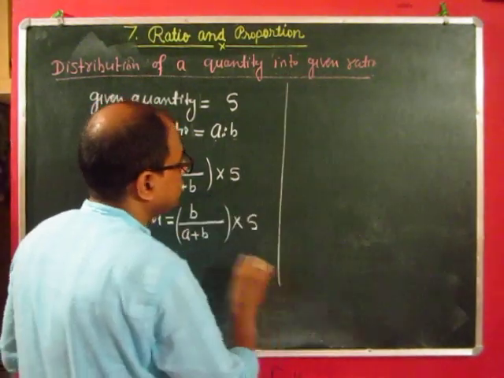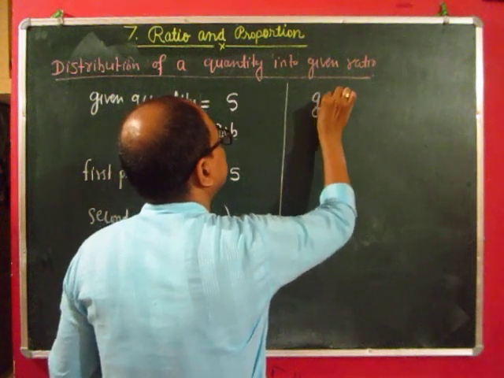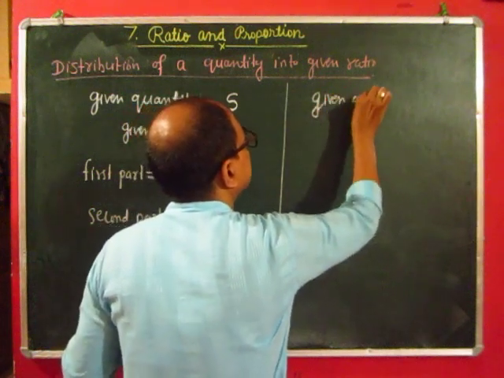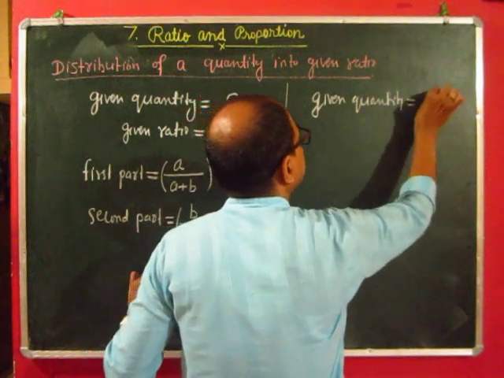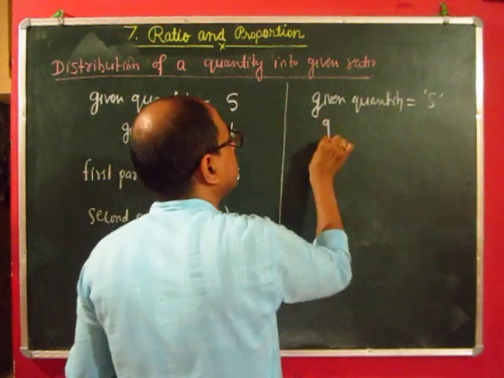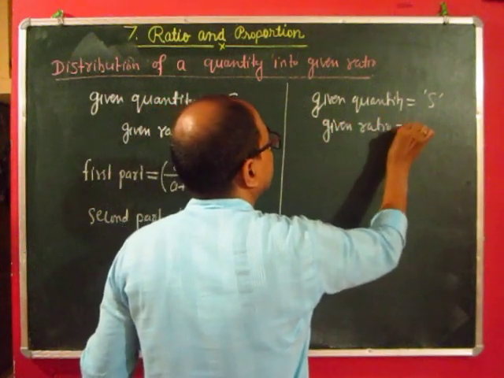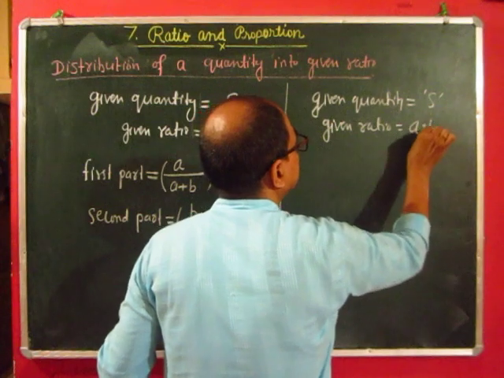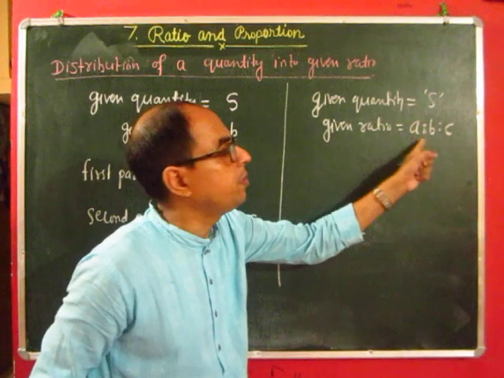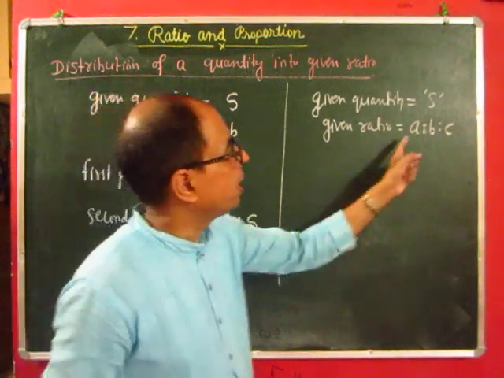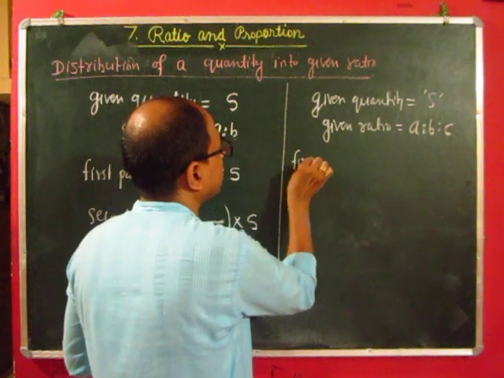Similarly, suppose the given quantity is S, and this time we have to distribute it in the ratio A is to B is to C. Suppose we have to distribute this given quantity into three parts in the ratio A is to B is to C. So this time what will be the value of the first part?